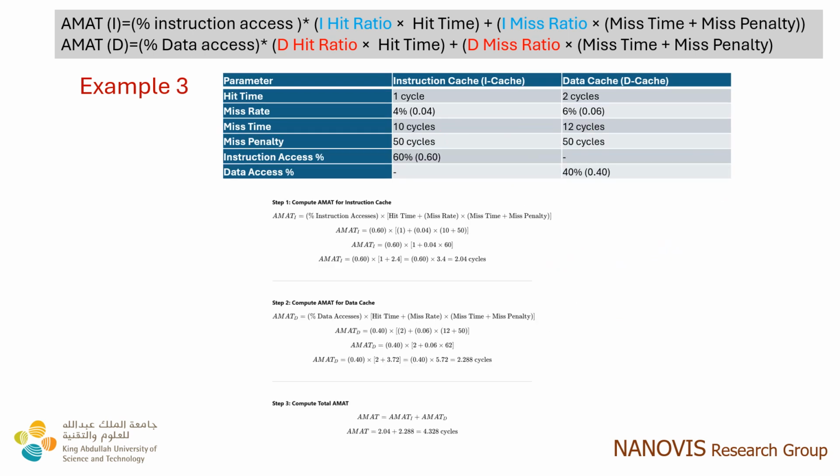Here is another example with the miss time included as another extension. So you can see this 0.6, 1 is the hit time, 0.04 is the miss rate, and 10 plus 50, these two things, are miss time plus miss penalty. So if we calculate this, it gives us 2.04 for the instruction.